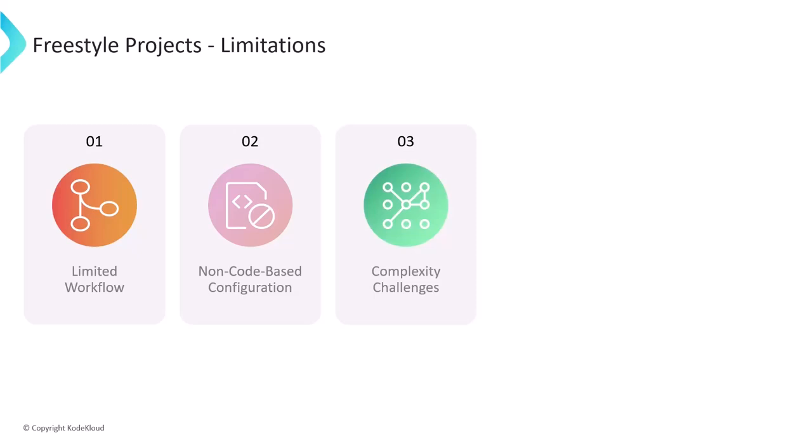Modern continuous delivery pipelines often involve complex workflows that freestyle projects struggle to handle. Even achievable tasks might result in heavy, hard-to-maintain, and unclear configurations. Many continuous delivery and deployment goals are simply not possible or become overly complex with freestyle projects.